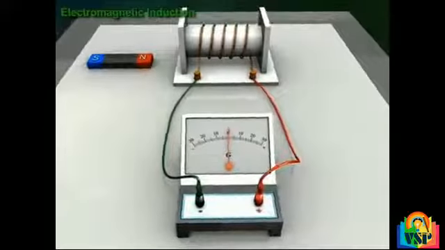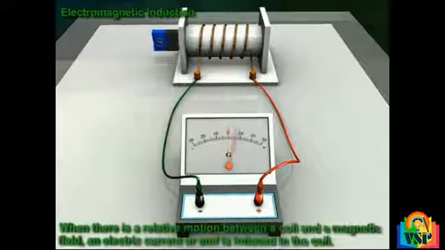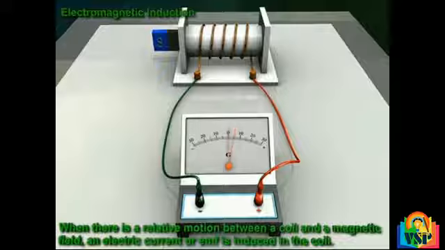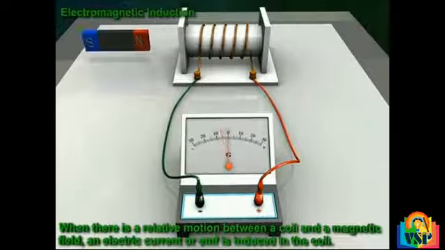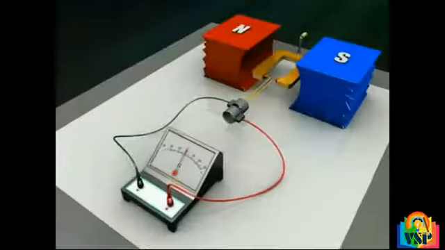So what is electromagnetic induction? Whenever there is relative motion between a coil and a magnetic field, an induced EMF is developed and an electric current flows in the coil.